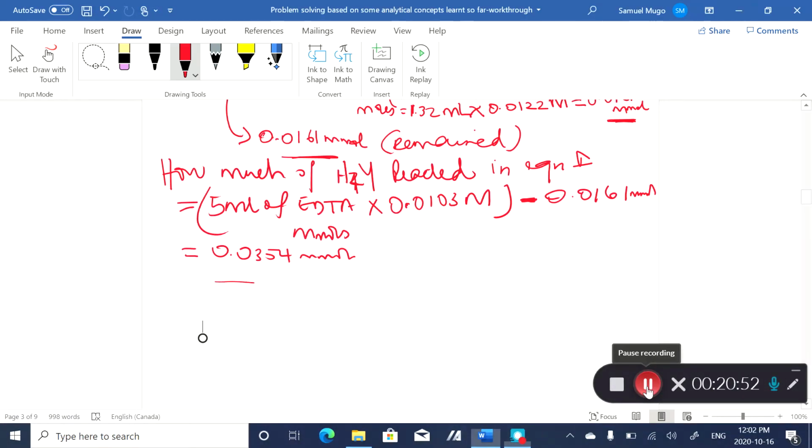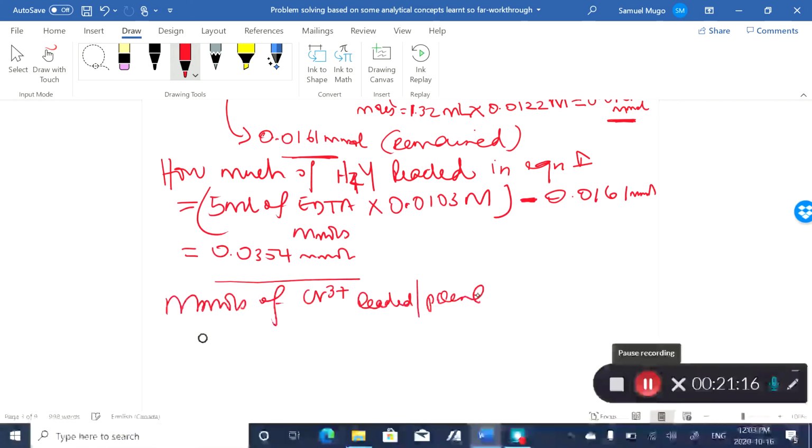Remember, how much reacted is equivalent to the moles of chromium that was actually present. Because of the one-to-one stoichiometry, the millimoles of chromium that was essentially present in the sample would be equal to how much of the EDTA reacted, which is 0.0354 millimoles.